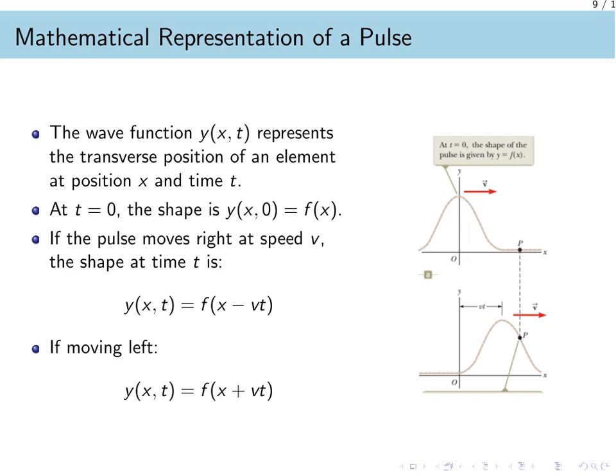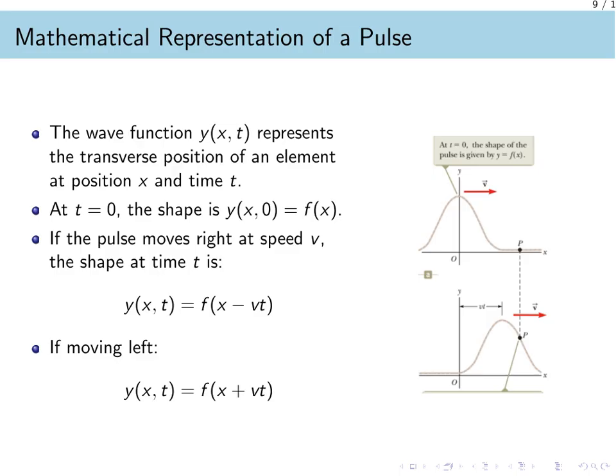If the pulse moves to the right at a constant speed, v, its shape at any later time, t, is given by the function f of the quantity x minus v times t.